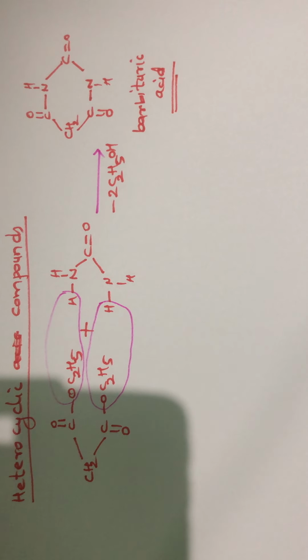It is a heterocyclic compound that is obtained. So this is the use of diethyl malonate in the synthesis of acids, dicarboxylic acids, ketones, as well as heterocyclic compounds. Thank you.